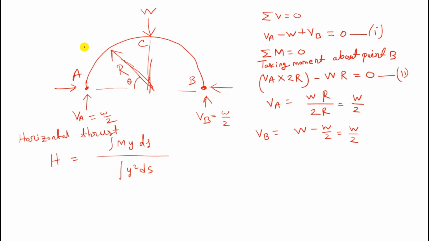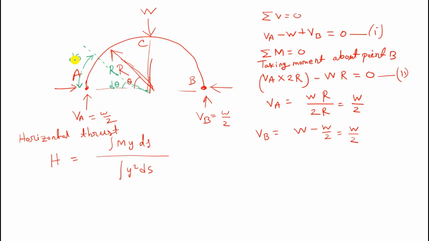Let us consider this is the section, and this distance is ds and the angle is d theta, and the radius is r.